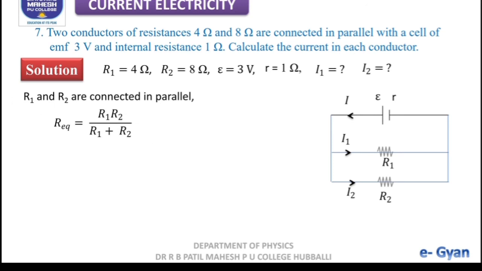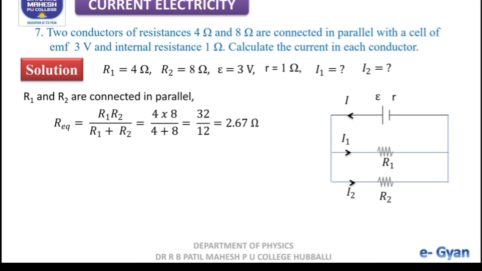Putting the values, we get 4 into 8 divided by 4 plus 8 is equal to 32 divided by 12, that is equal to 2.67 ohm. This is the equivalent resistance of the parallel combination of these two resistors.